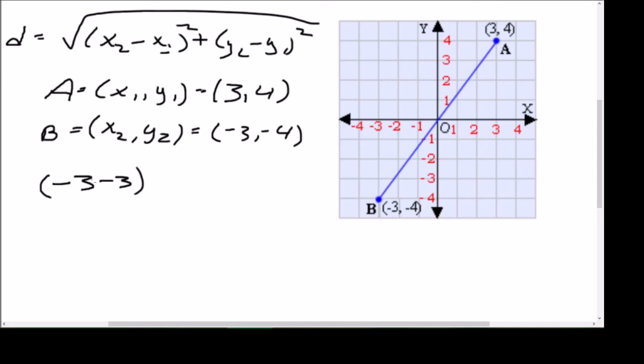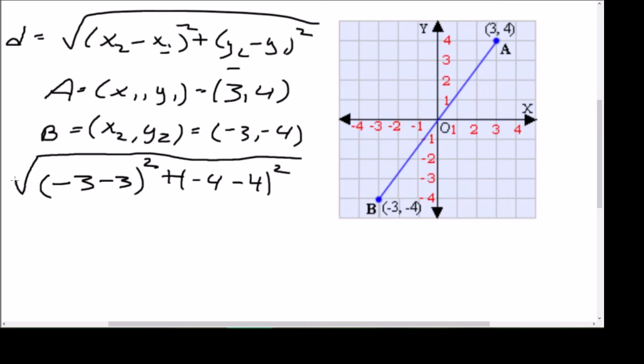So I have x2, which is -3, minus my x1, which is 3, squared, plus my y2, which is -4, minus my y1. My y1 is 4. We're going to have that squared, and then we're going to take the square root of that.